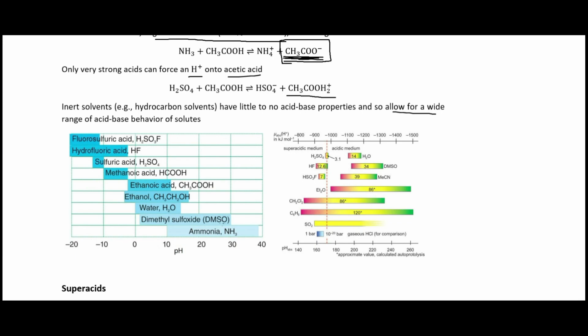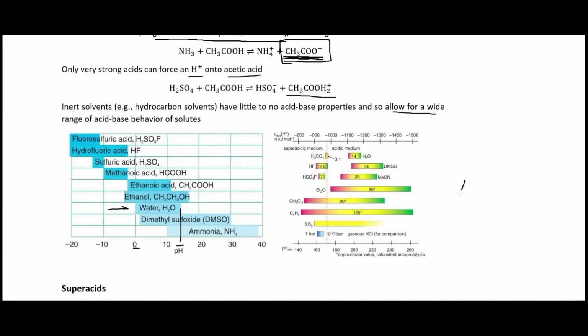And so this is just looking at some different ranges of pH for different solvents. So we see our water here, which goes from 0 to about 14 right here. And so that is the range of water. But if we have these other solvents here, we see that we can have different pH ranges.